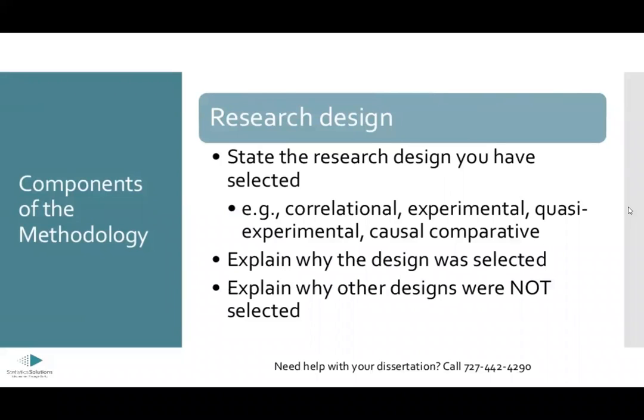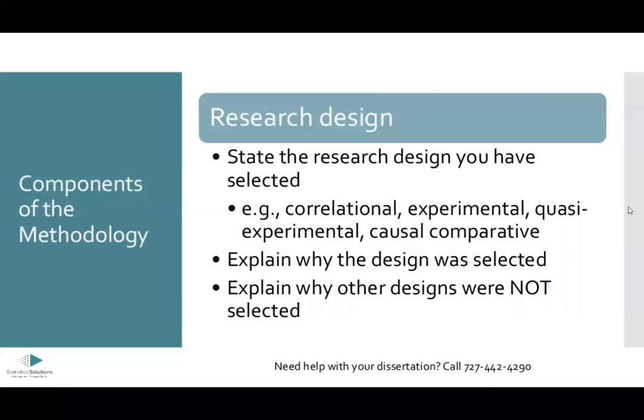So once you get to the research design, you will want to identify the design that you're using by name. So that could be a correlational design, it could be experimental, quasi-experimental, whatever you've selected and whatever's most appropriate to test those research questions that you've outlined, you will want to go ahead and name it.